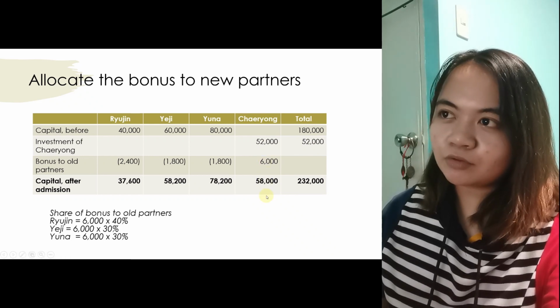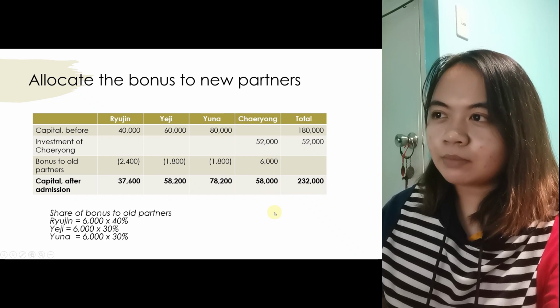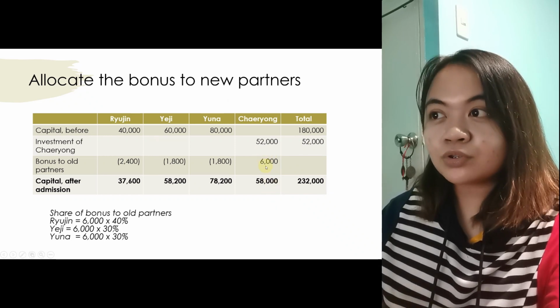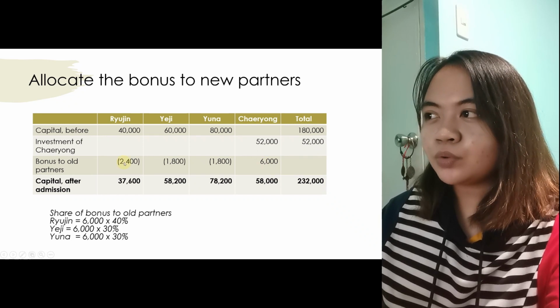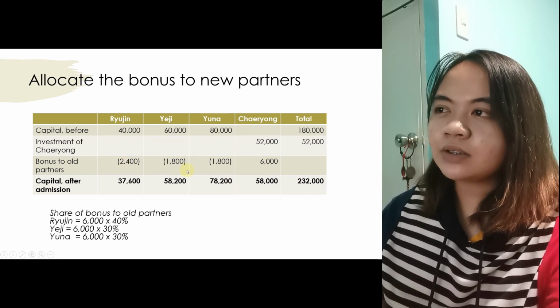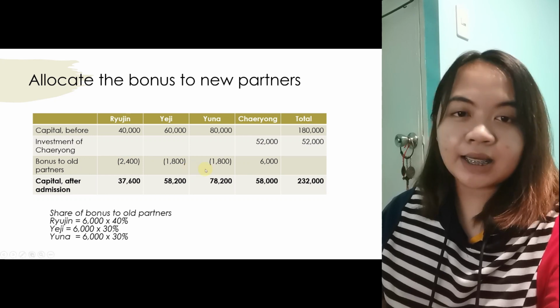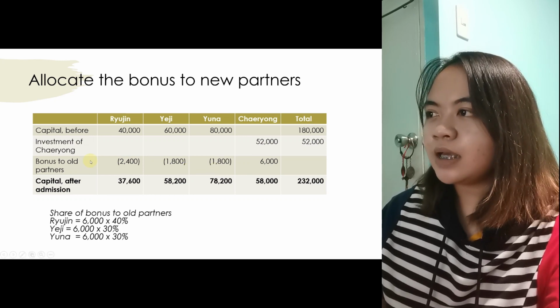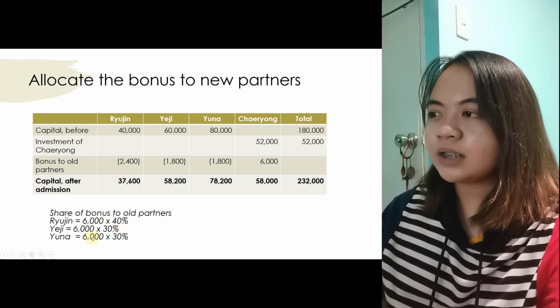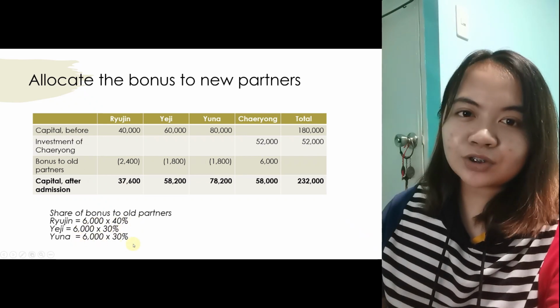Pwede ring gamitin mo yung table. Then, from 6,000, dahil siya yung may bonus, how did you allocate yung deduction sa capitals ni Ryujin, Yeji, at Yuna? Kasi sila yung nagbigay. So, you have 6,000 times 40%, 6,000 times 30%, and Yuna, 6,000 times 30%.